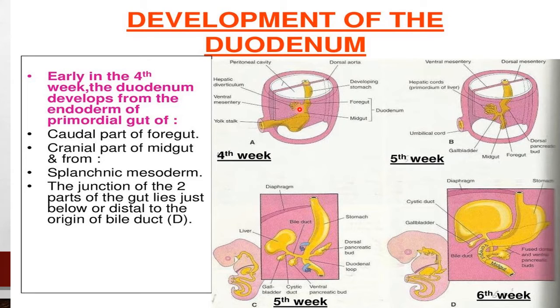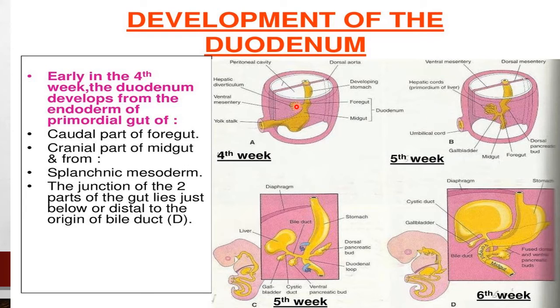You have seen there is the appearance of that hepatic diverticulum, and this hepatic diverticulum has the connection with the ventral wall of the foregut through this duct. So this duct in future is going to become the bile duct.